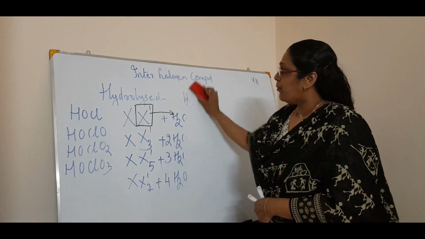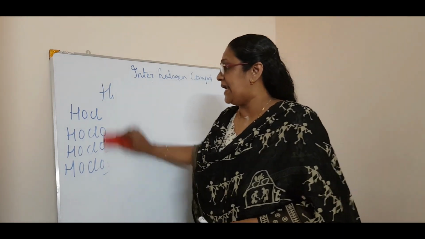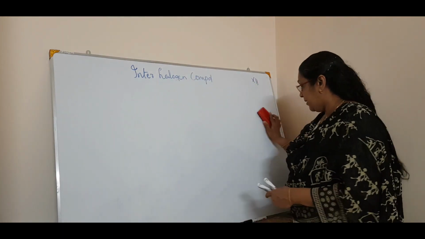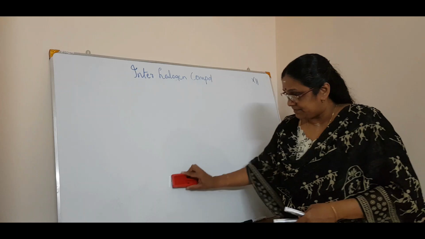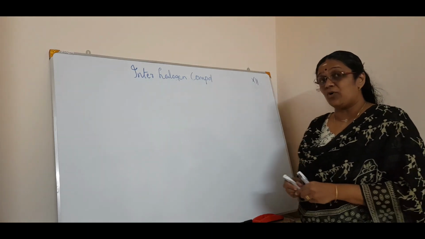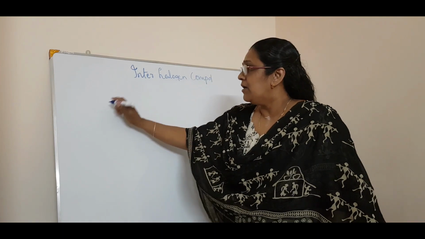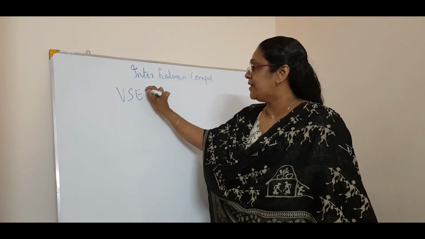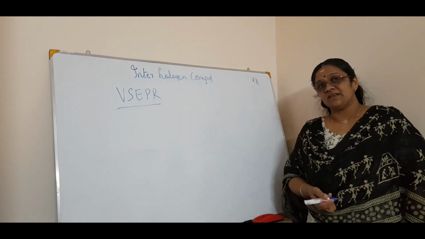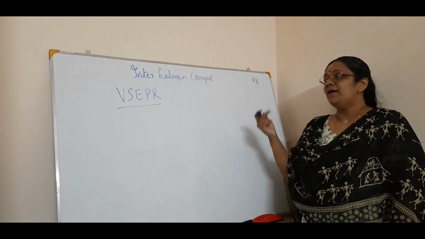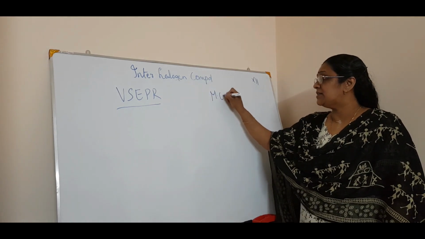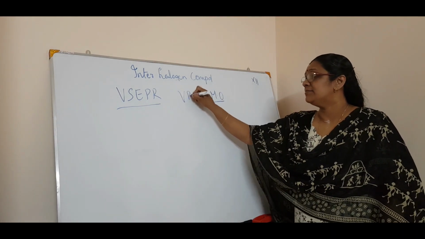Now when you talk about the structure of these interhalogen compounds, you are going back again to the chemical bonding and molecular structure chapter. You know that VSEPR theory. You have heard so many theories like valence bond theory, then VSEPR theory and MO theory. 3 theories you had to study last year.